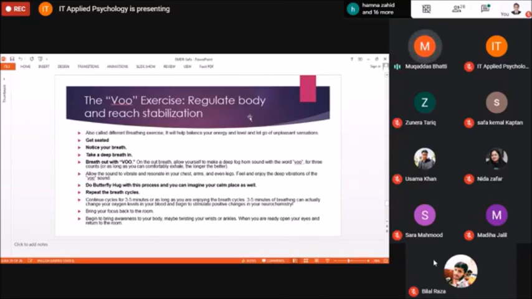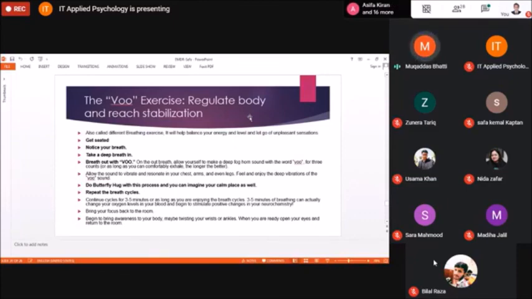So when we notice these 3 exercises, the breathing is one of the most important components of this exercise. Why? Because breathing is one of the most fascinating and powerful recovery resources.